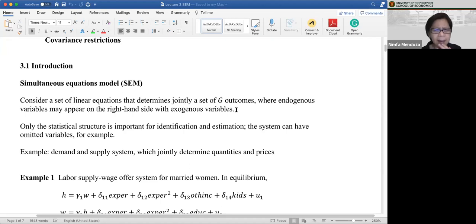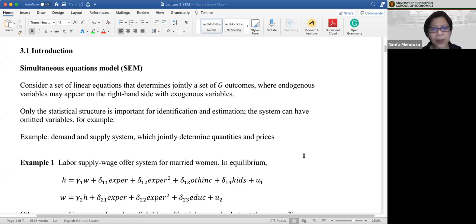And that problem of correlation between the endogenous variable and the disturbance term can occur when we have omitted variables, simultaneity problem, and measurement errors.